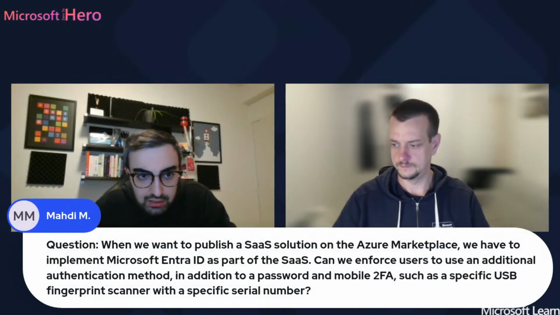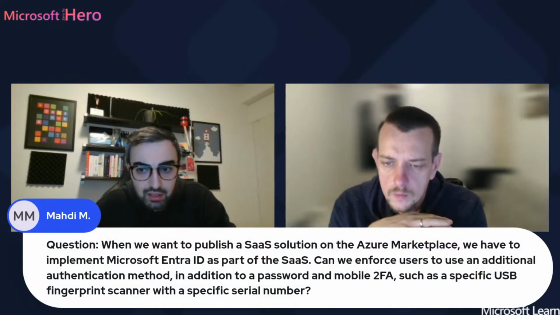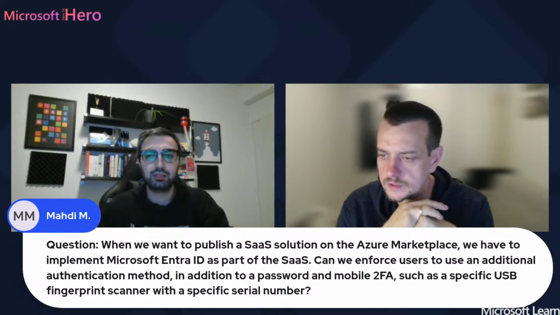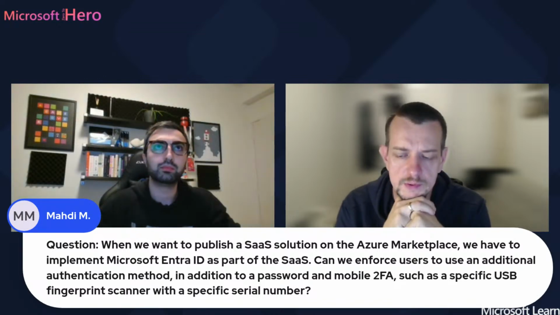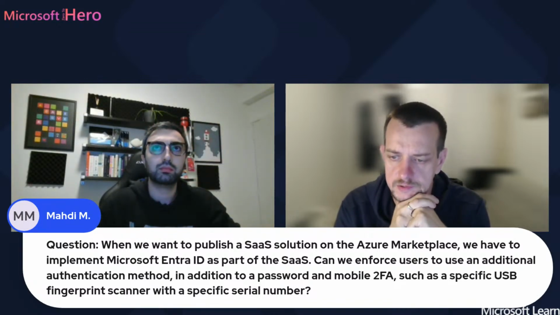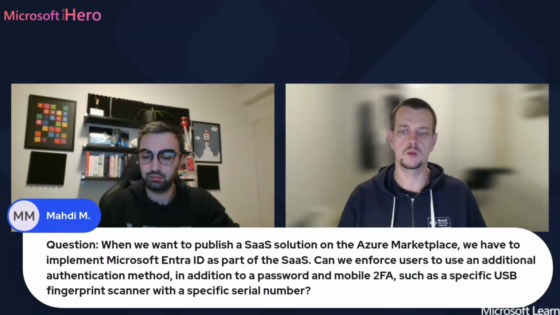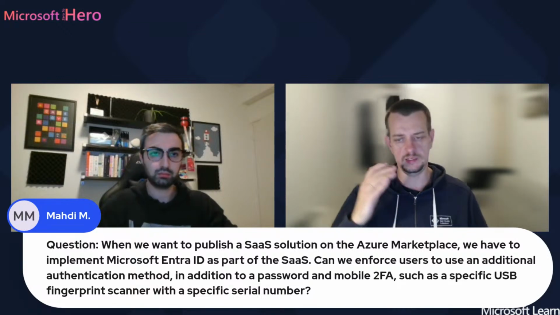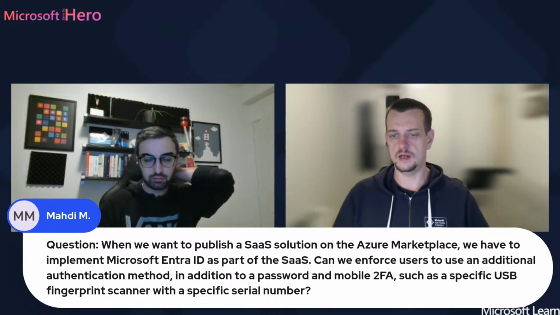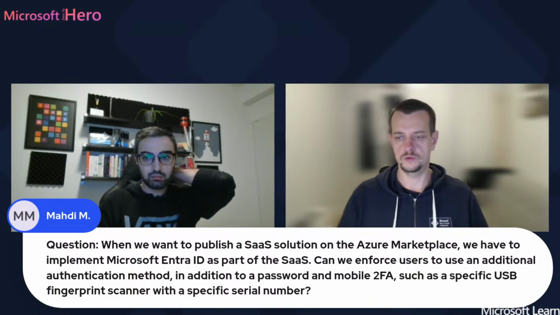We have an extra question coming from Mehdi. When we want to publish a SaaS solution on the Azure Marketplace, we have to implement Microsoft Entra ID as a part of the SaaS. Can we enforce users to use an additional authentication method in addition to a password and mobile, such as a specific USB fingerprint scanner with a specific serial number? Basically, within the authentication methods, you have the list of the authentication methods that are allowed to use, right?